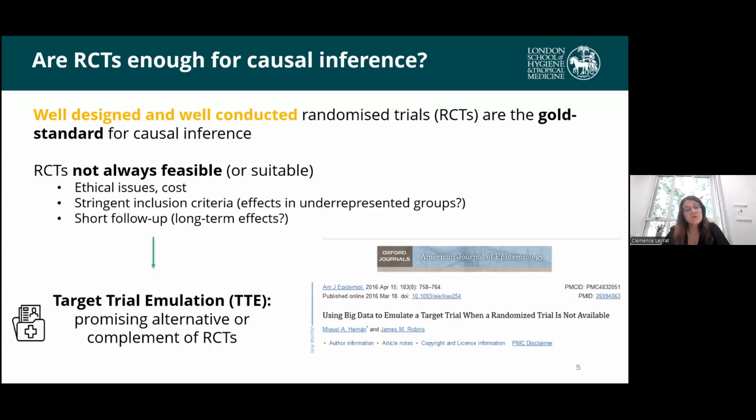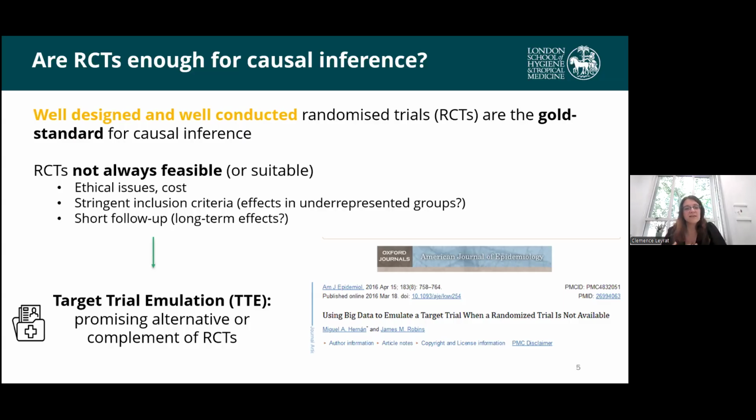Also, they are sometimes criticized because they have strict inclusion criteria, which means that if we want to estimate effects in underrepresented groups, it may be quite difficult because these patients are not in the trial, so we cannot do anything. And often they have a relatively short follow-up. So if we are interested in long-term effects of treatments, maybe it's not the best design.